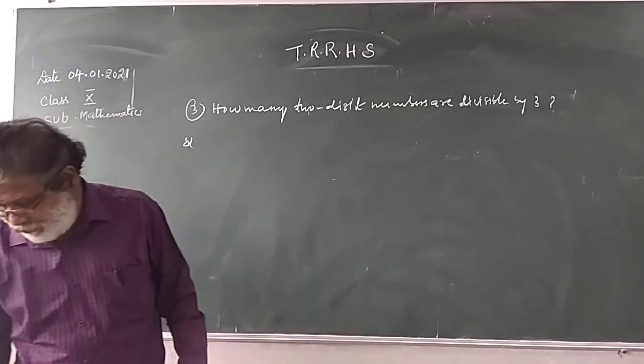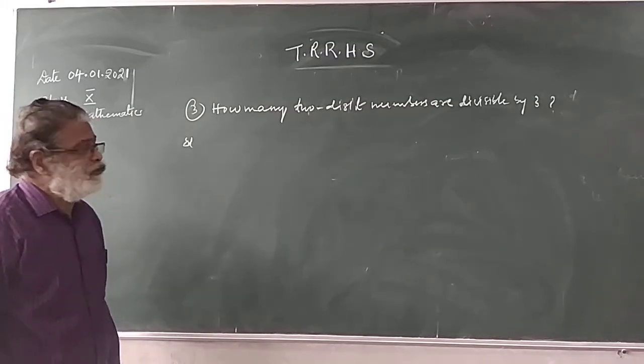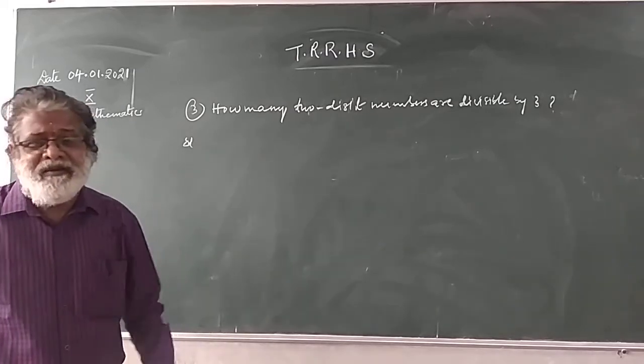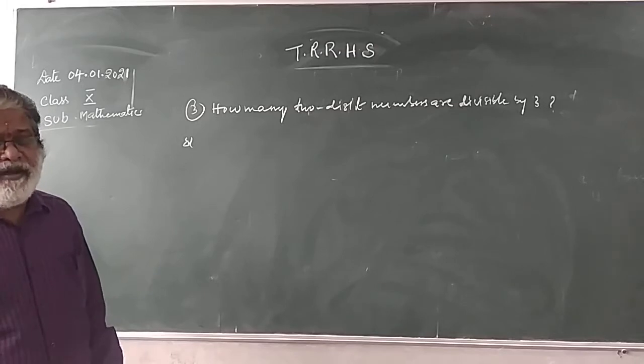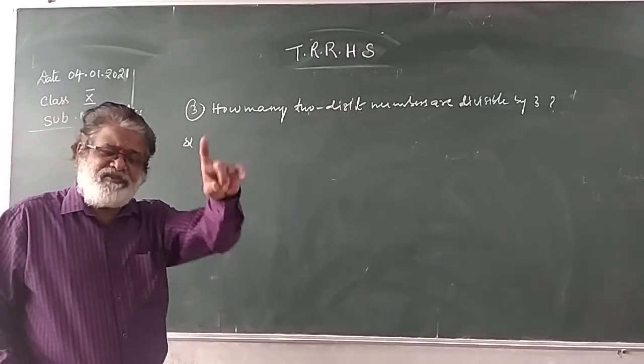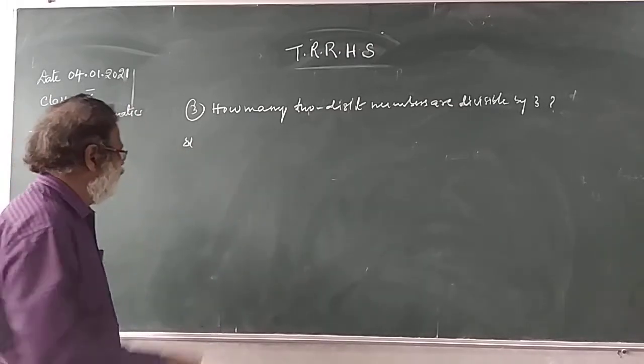Write down the 2-digit numbers which are divisible by 3. The 2-digit numbers start from 10. What is the first 2-digit number divisible by 3? 12.